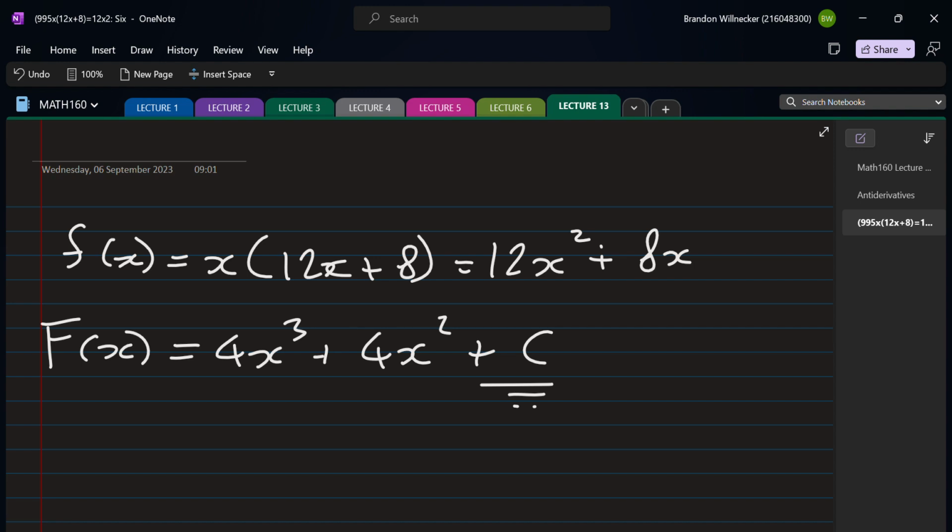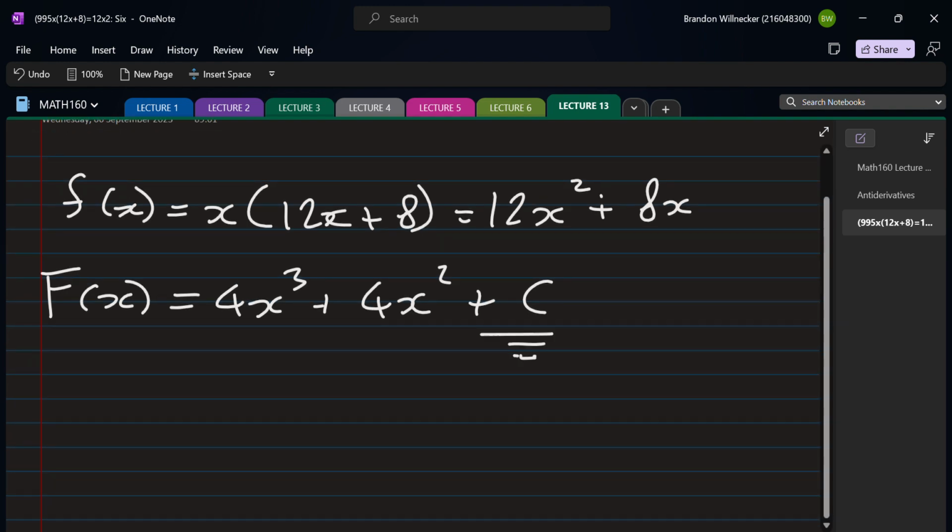Please do not forget the plus c. Okay, you have to put that because, like I said last time, there's not a unique antiderivative. It's a family of antiderivatives, one for each value of c that you can put in. Okay, please put that in.